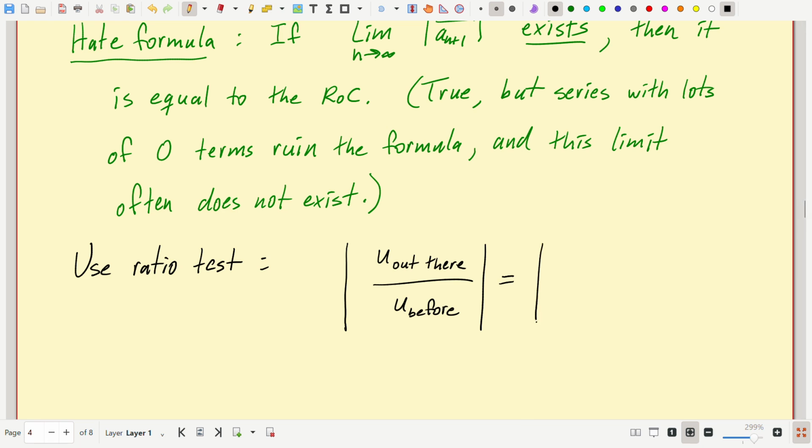Let me take the one way out there to be 2 to the n plus 1 times z to the n plus 1 squared. That's a term that's out there, if n is big. And the term right before it would be 2 to the n, z to the n squared.